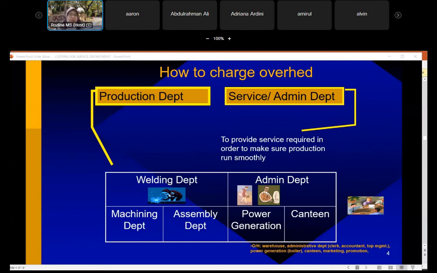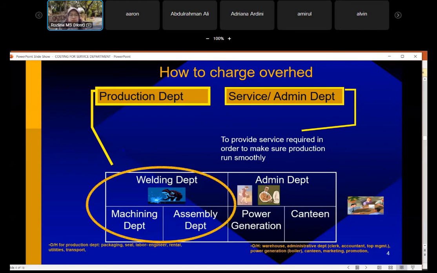Okay, and then from the production department it will be absorbed by the product. Okay, there is also overhead for the production department like this one. Here I put the engineers. Here the accountant, clerk, all this. We also have warehouse, marketing, promotion. All of these have their cost.